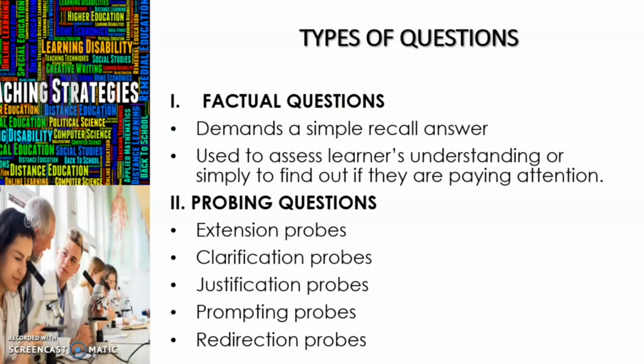Next one is a justification probe, which is done when you want the learner to prove what he or she had just said, or you require the learner to present evidence to justify or support his or her answer. Next are prompting probes, which are questions used to nudge the learner in the right direction.